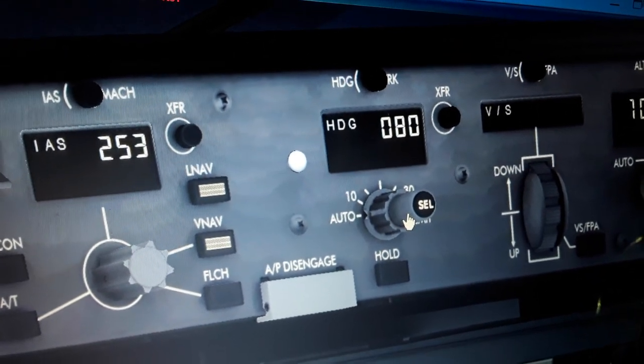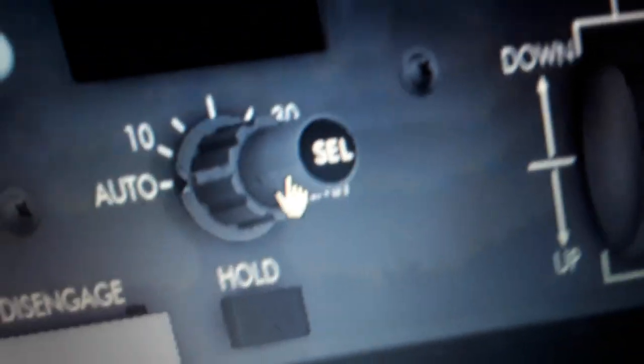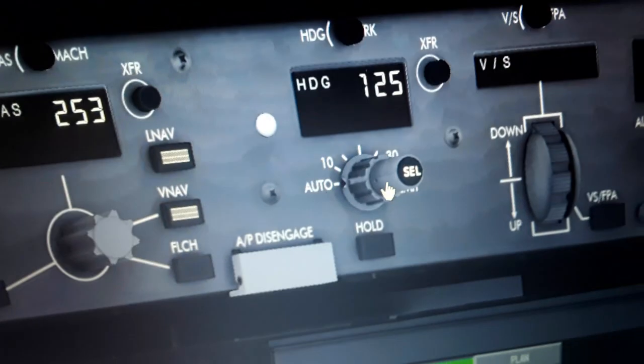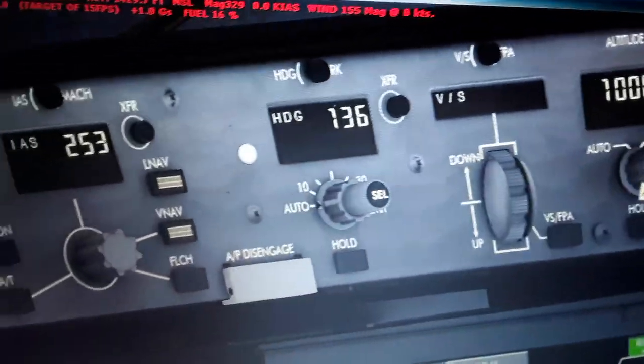We'll leave it at auto, so we're gonna have the magnetic nose pole heading. You can use heading or track, the hold also, switch for that, the altitude here. Also we're gonna select thousands.